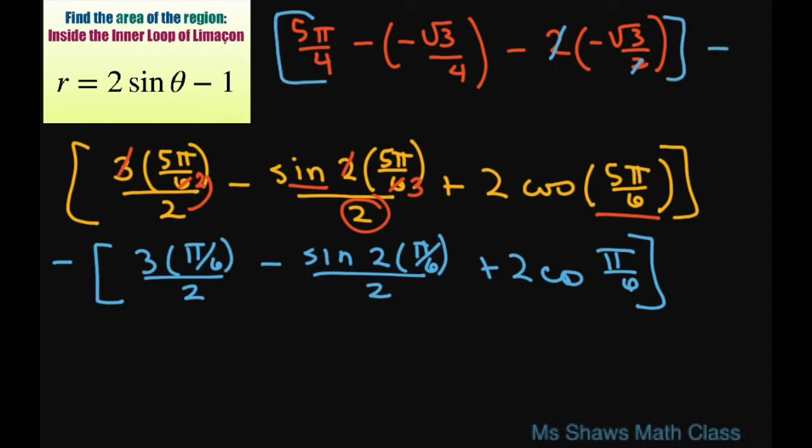Now for the minus part, let's go back to red. We get pi divided by 4, minus square root of 3 divided by 4.